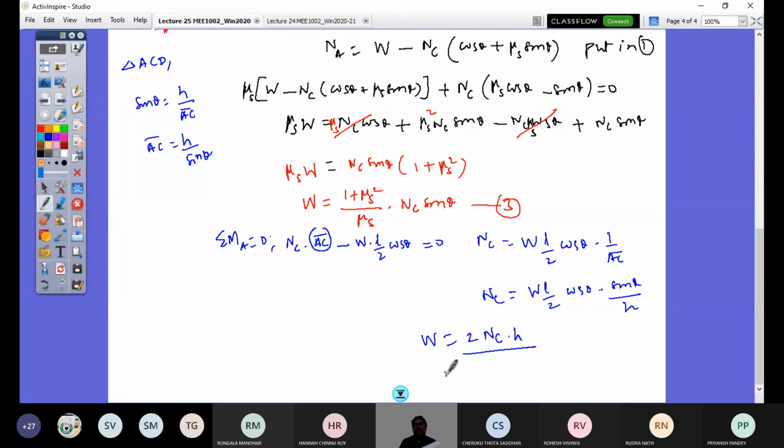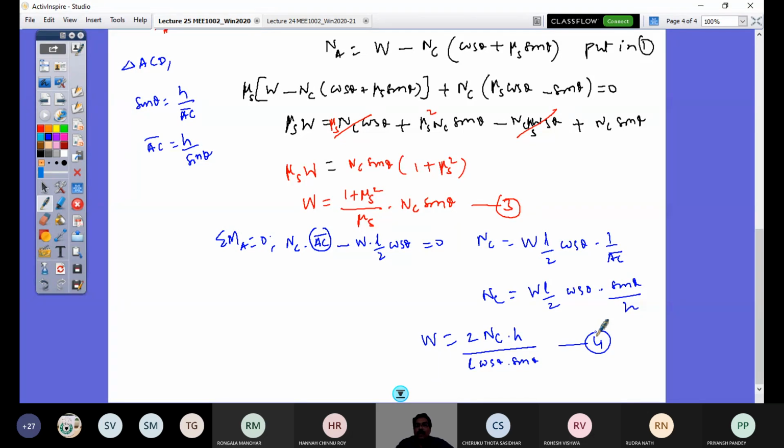Now I have equations 3 and 4, right? So I can substitute this and reduce to what I am interested in. The left hand side is the same W, so equation 3 equals equation 4.